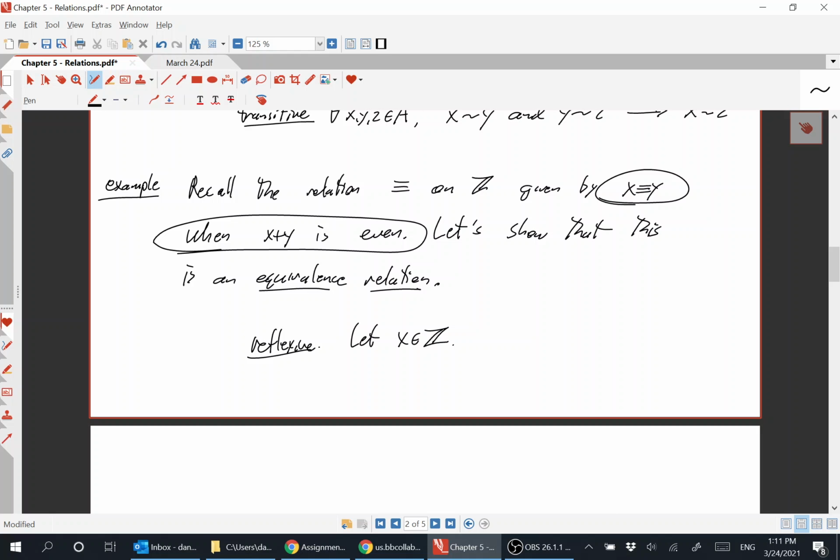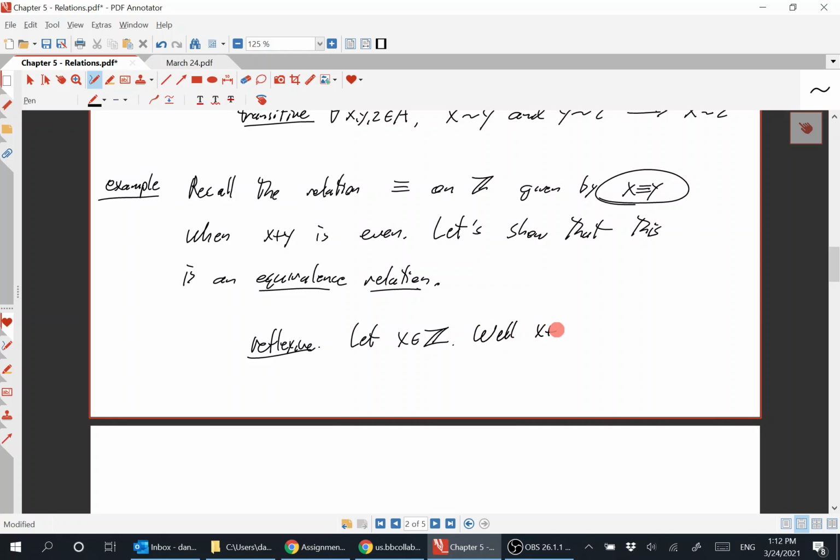Yes, x is an integer. What does it mean for x to be related to x? The definition of the relation is right here. Is it that x is even also? No. x is related to y when x plus y is even. So x related to x means x plus x is even.